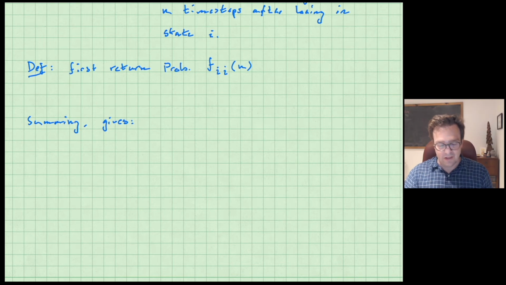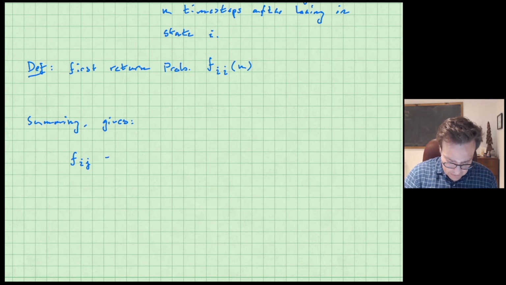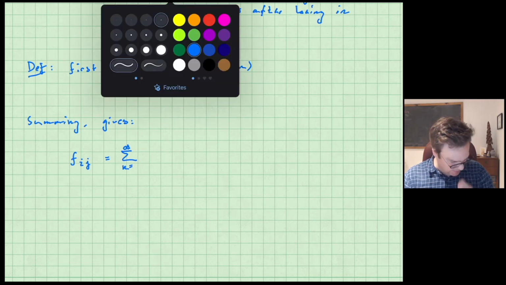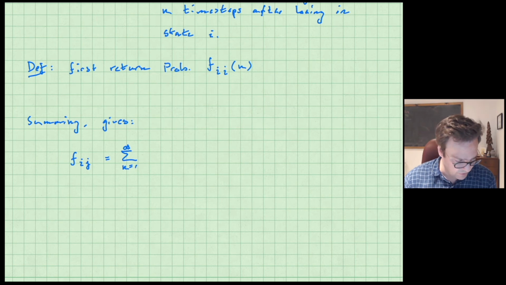So removing that n implies the following: a sum over n equals 1 to infinity, or I guess you can start off at time step 0. Although I think this is actually defined with a 1 there, but it shouldn't matter. You can call your time step whatever you want. This is the sum over F_ij at time n.